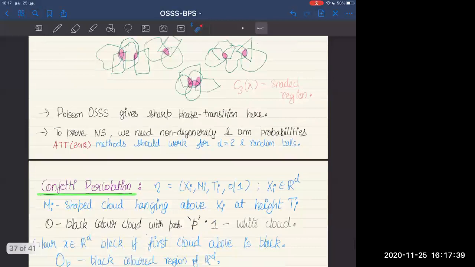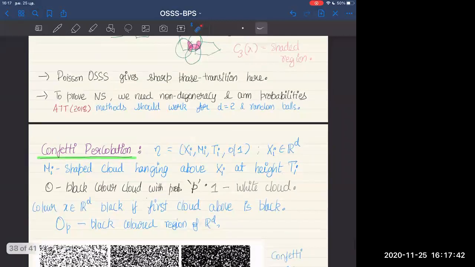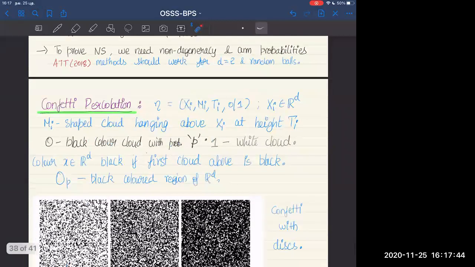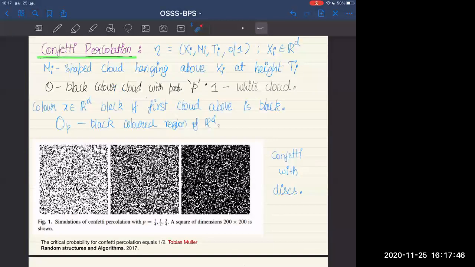A more exciting result is what is called confetti percolation. Sorry, this only makes sense if you know confetti. In a confetti model, you have clouds of some shapes hanging at a height above Euclidean space. The clouds are colored black and white. From any given point on the plane, you look up, see the first cloud, and take its color.